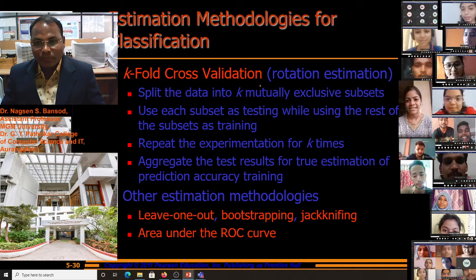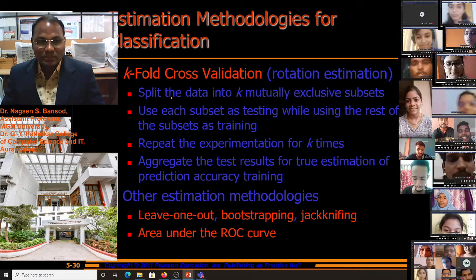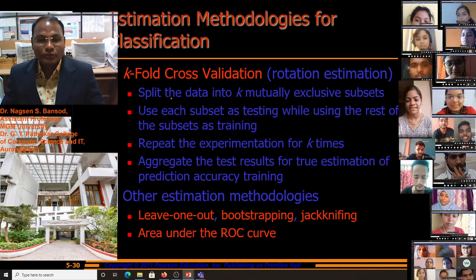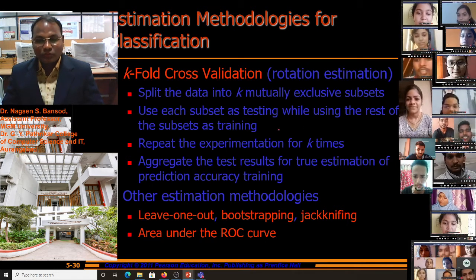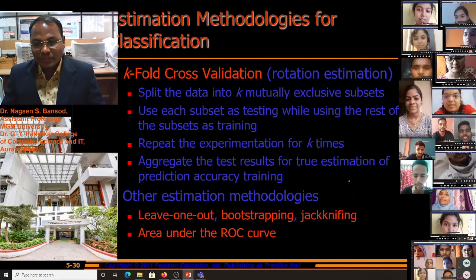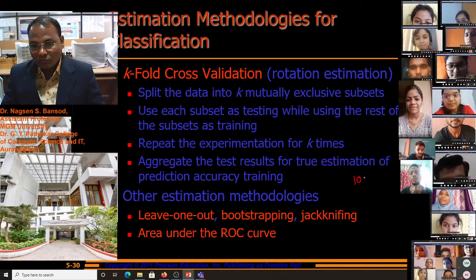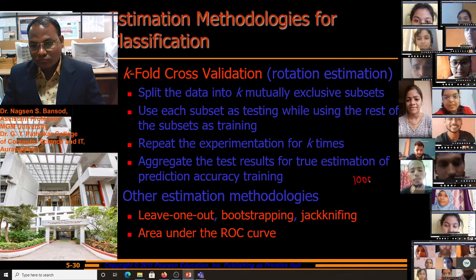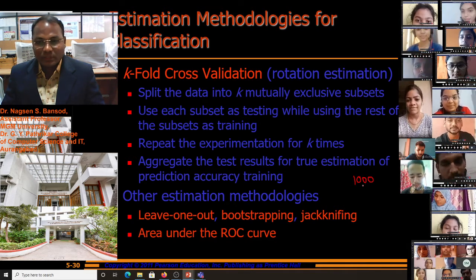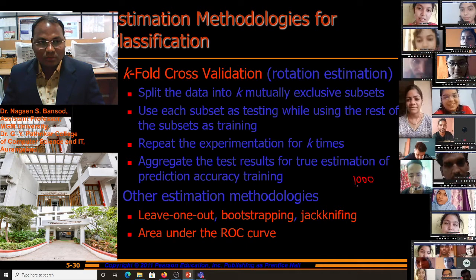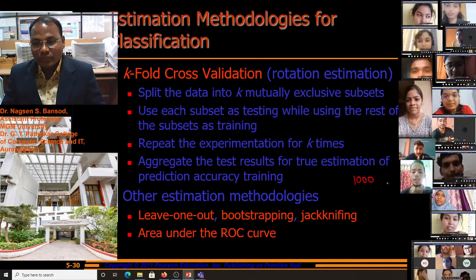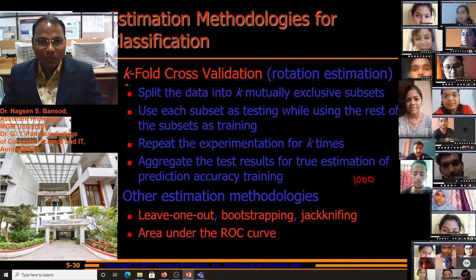As we know, it is rotation estimation: split the data into k mutually exclusive subsets. Suppose k means the number of experiments. Suppose we have a thousand records and we want to classify these records. Then we first have to select a value for k.